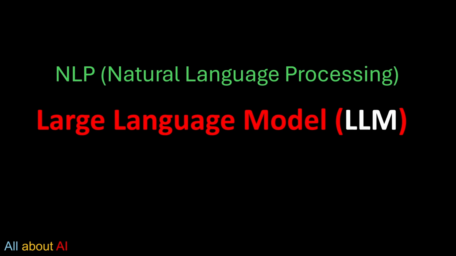Now, when it comes to key things that these models can do, I will list a few here. These models can generate human-like text. So this can be used for article writing, storytelling, blog creation. It's good at summarization. So it can condense lengthy text into concise summaries that can be used in news, research papers.